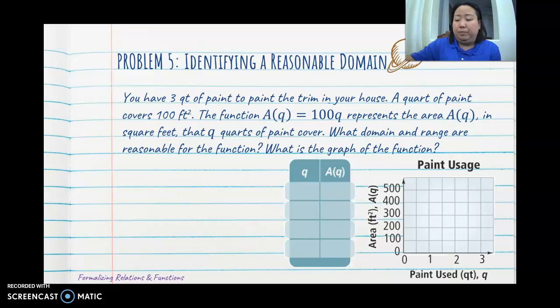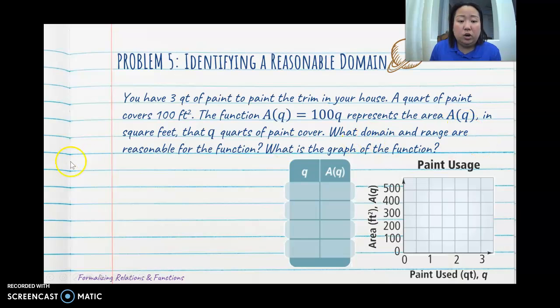In this problem, you have 3 quarts of paint to paint the trim in your house. A quart of paint covers 100 square feet. So the function A of q is equal to 100q simply represents the area in square feet that q quarts of paint can cover. We have a few questions here.